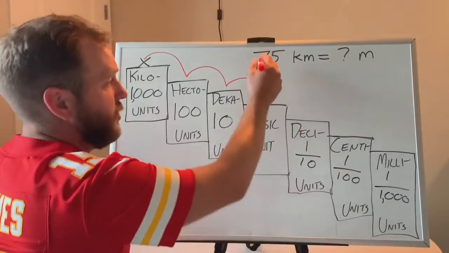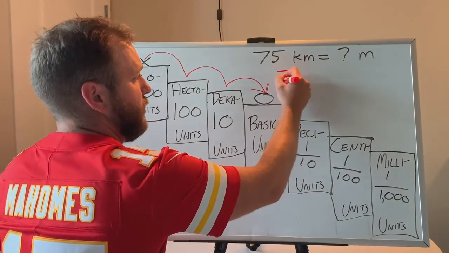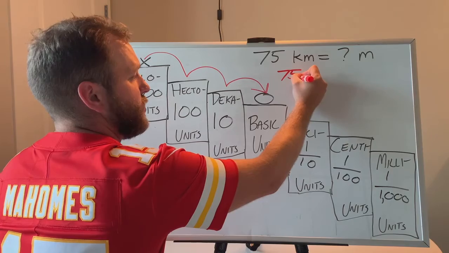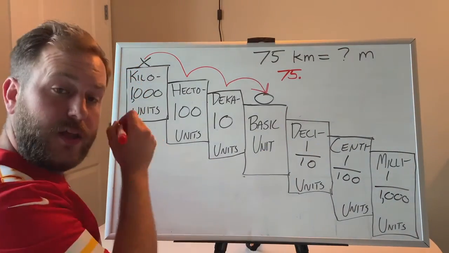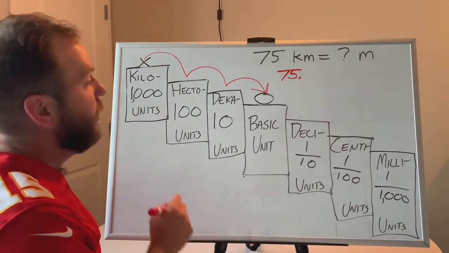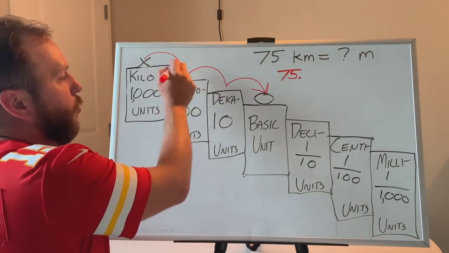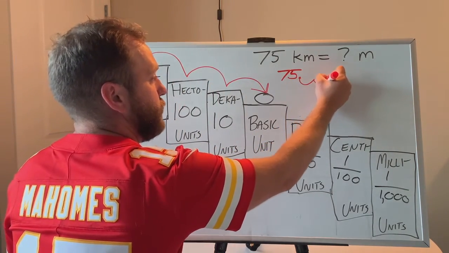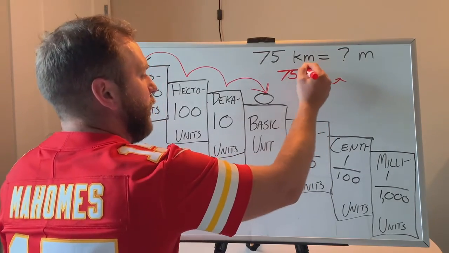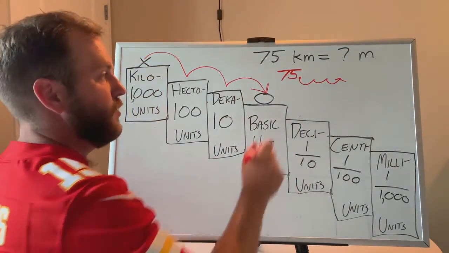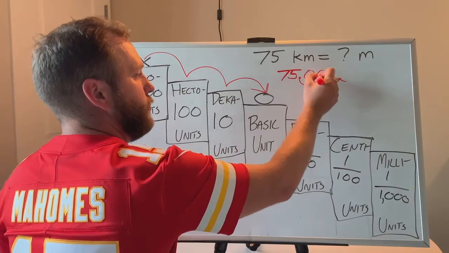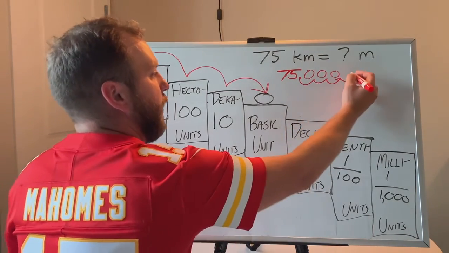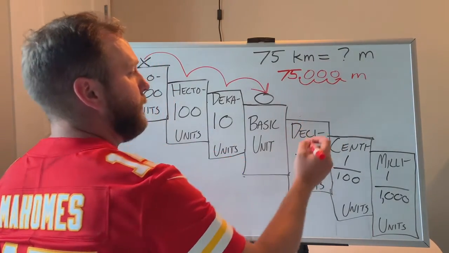So that means we're going to take 75, put a decimal point right here where there is one, we just don't see it, and move that decimal point 1, 2, 3 steps to the right. And we fill in all of those blanks with zeros. That becomes our answer in meters.